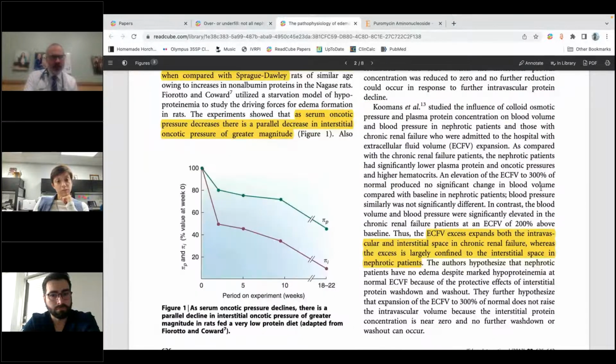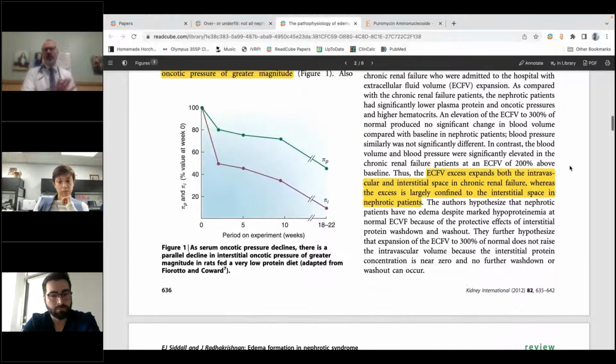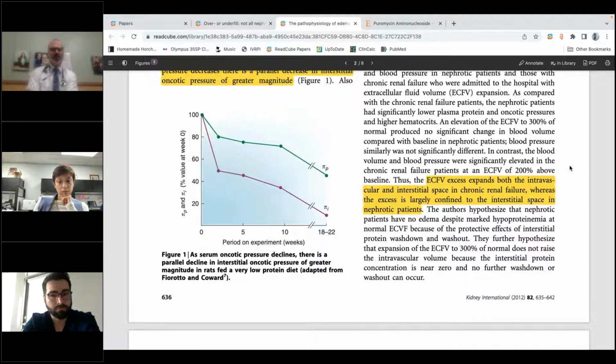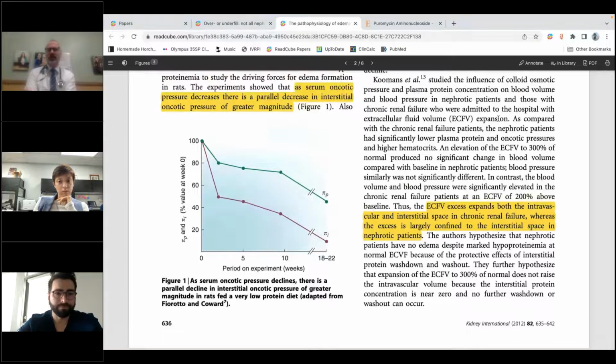Let's see, I'm trying to think. The only other thing I want to point out here, before we maybe take a second just to stop and digest that, is they do comment on the study where they compared people with proteinuric kidney disease, nephrotic syndrome, versus those that just had chronic kidney disease.